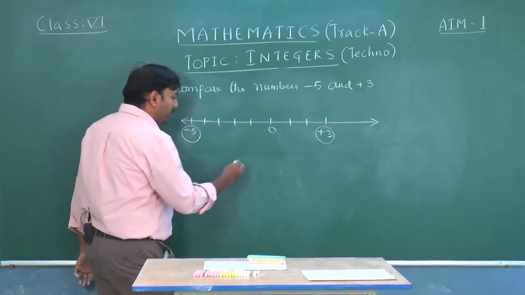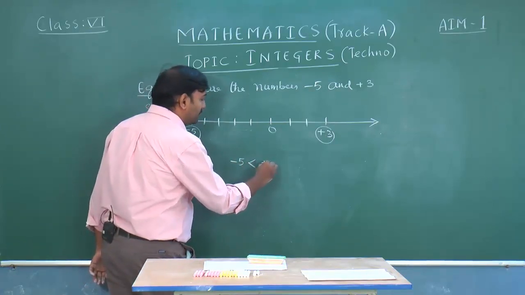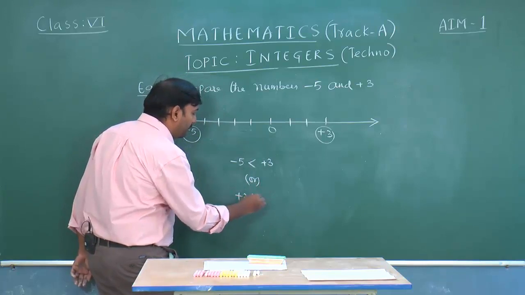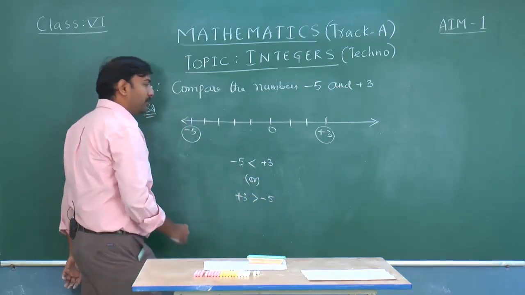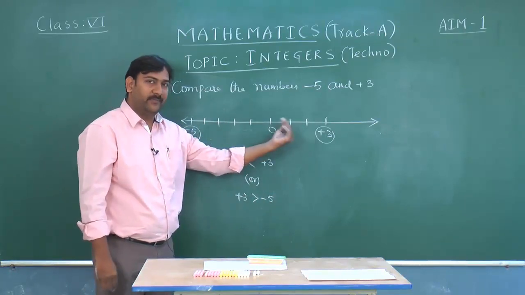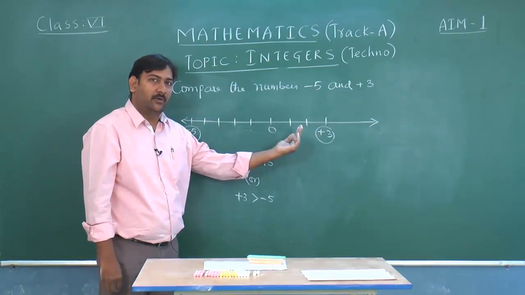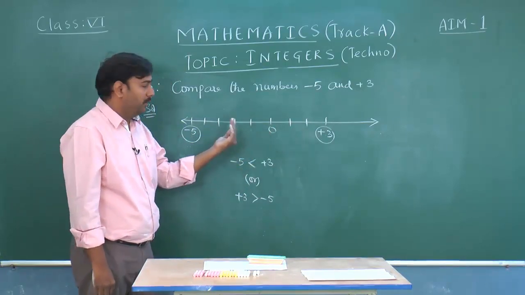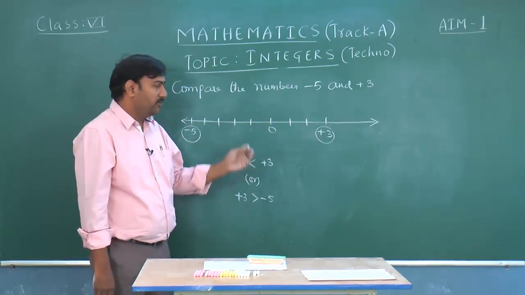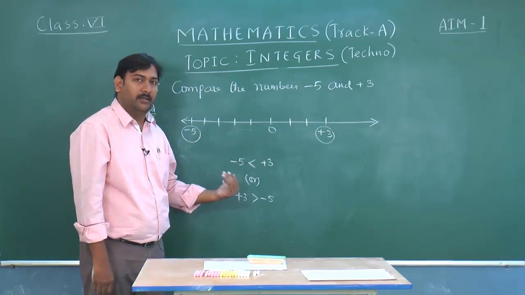So here -5 is less than +3, or +3 is greater than -5, because +3 is lying to the right side of -5. As we discussed earlier, the number which lies on the right side is always greater than the number lying on the left side. In this way we can compare numbers using the number line and tell which number is greater than the other.